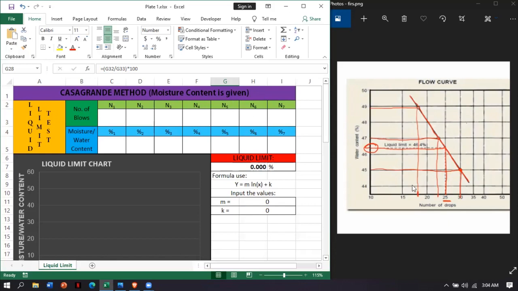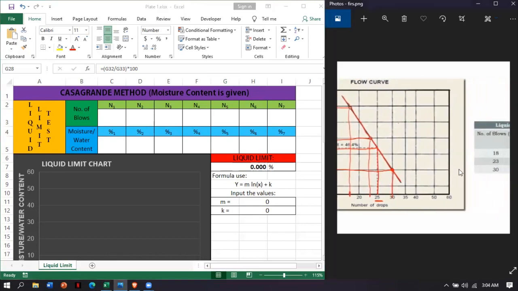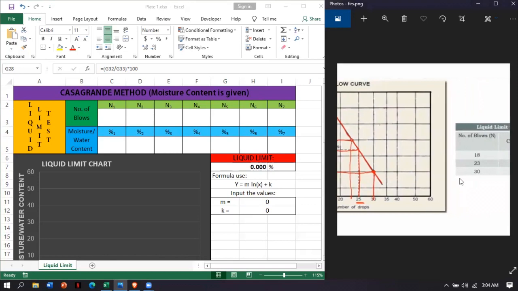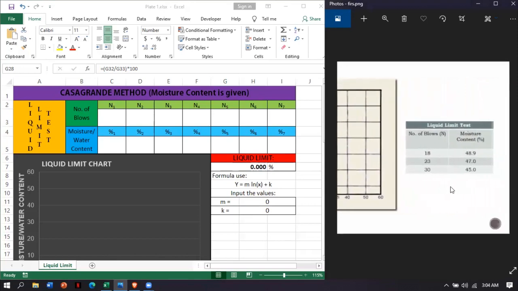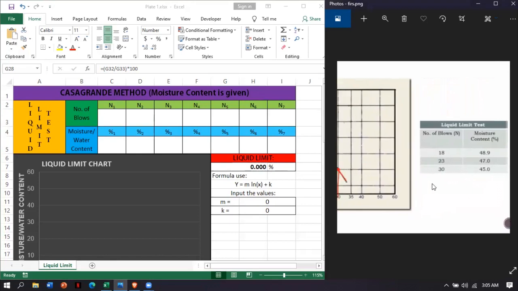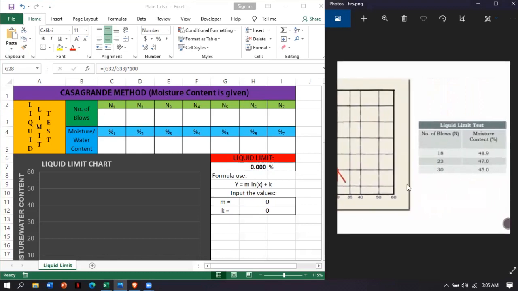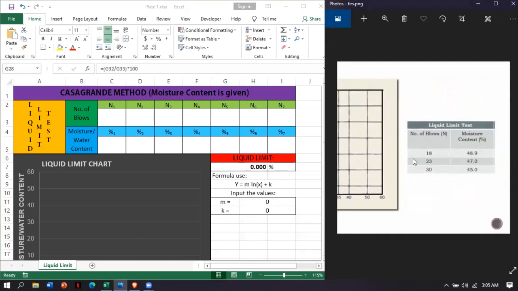So here we have a problem, which we took from our discussion. We're going to input these values here. The number of blows is n, and the percentage is the moisture content.